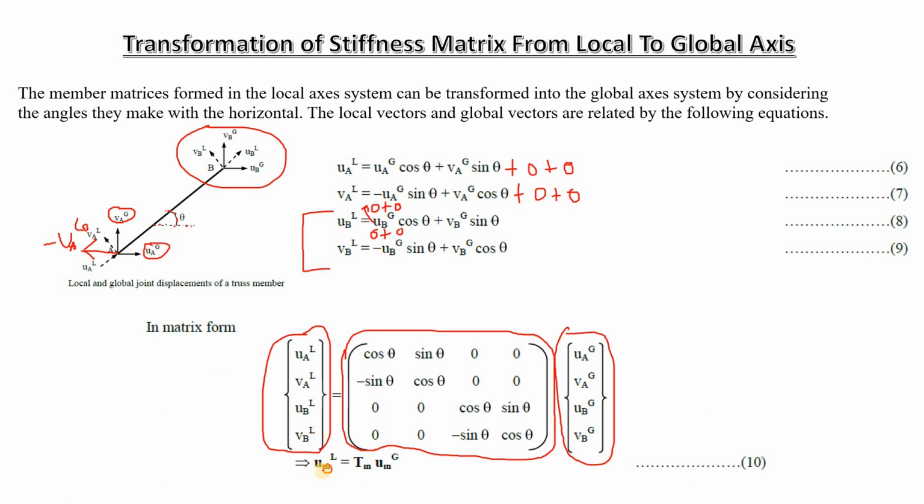So the deflection of the member AB in local axis is equal to the transform matrix into the global member deflection vector. There you go, and this is the local member deflection vector. So the local member deflection vector is equal to the transform matrix into the global member deflection vector. Okay, so this is what we're getting from here, and this is our equation 10.